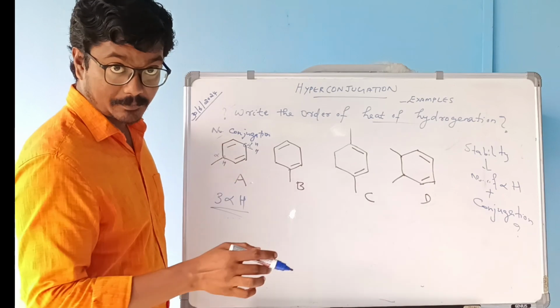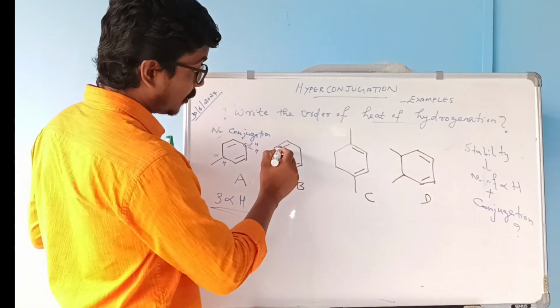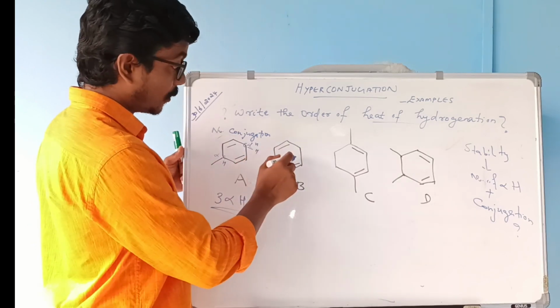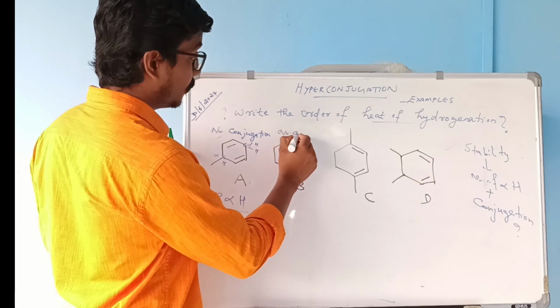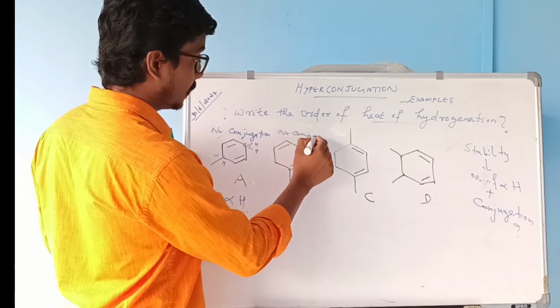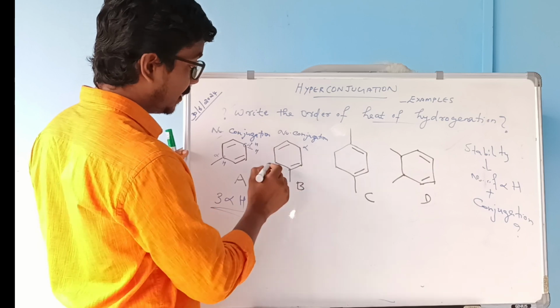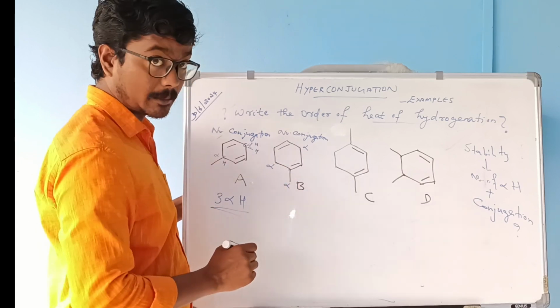But no conjugation. When we consider the second compound B, here also double bond, single bond and double bond. So here also no conjugation. But this is an alpha carbon, this is an alpha carbon, this is also an alpha carbon.